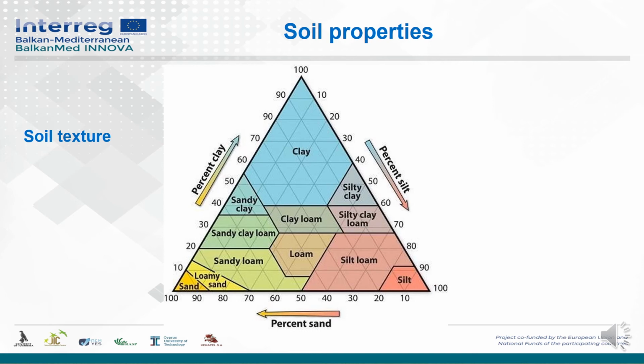Then if the content of the silt was 30%, we do the same thing, go to the silt vertices, find the number 30, and follow the line that is parallel to the clay.